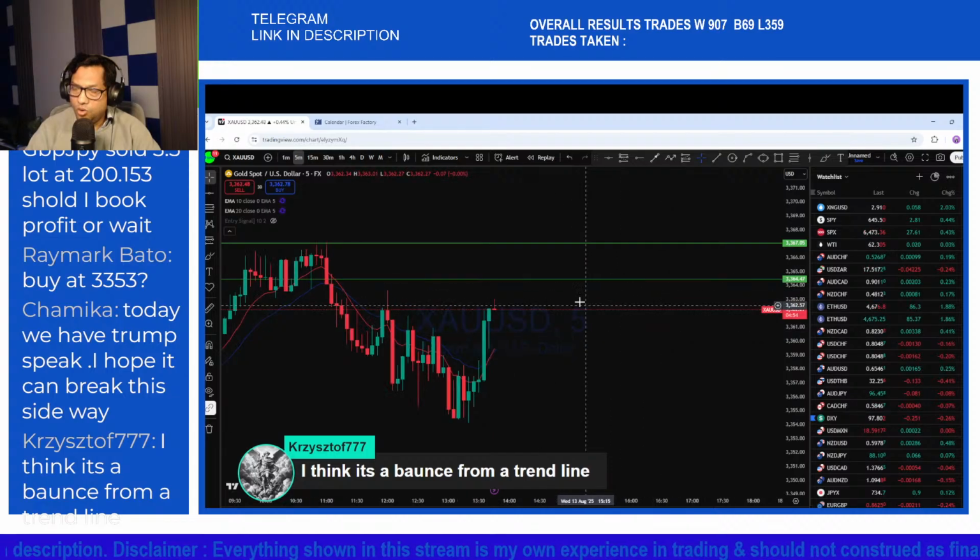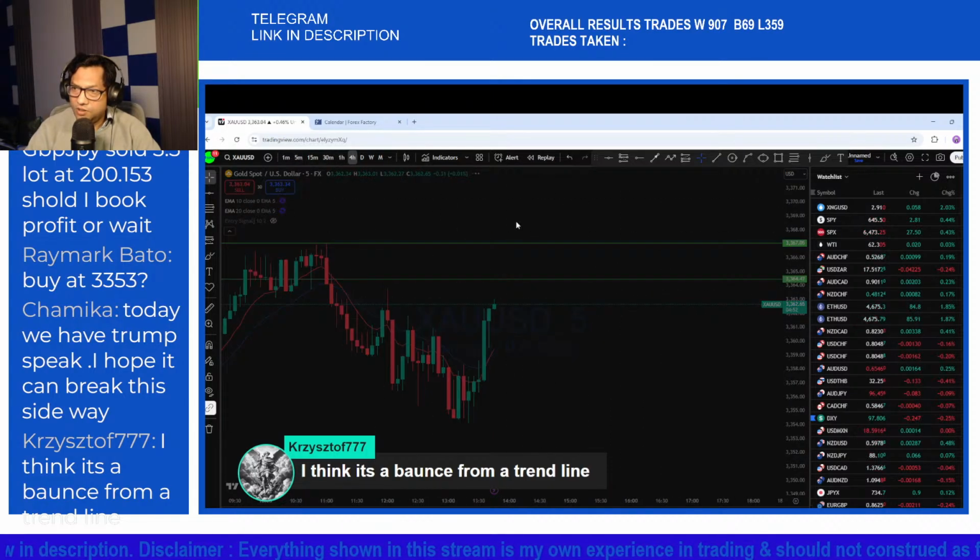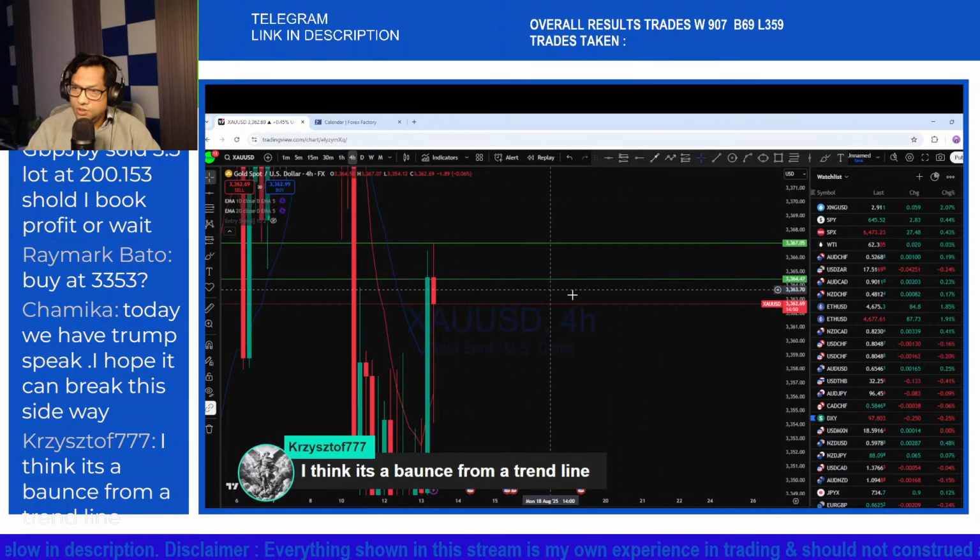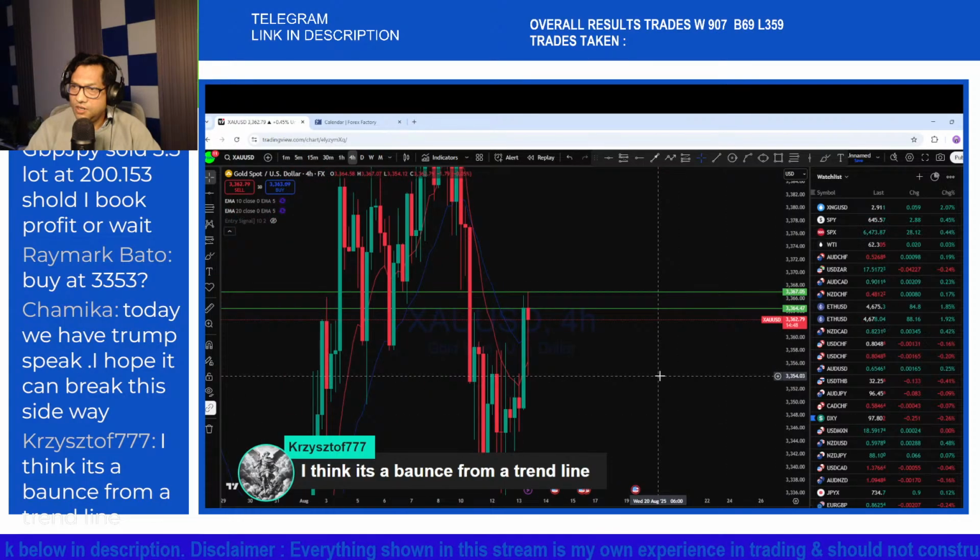Ultimately it's going back to that 4-hour level that we are talking about, to this resistance line.